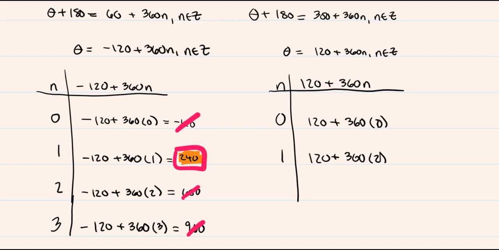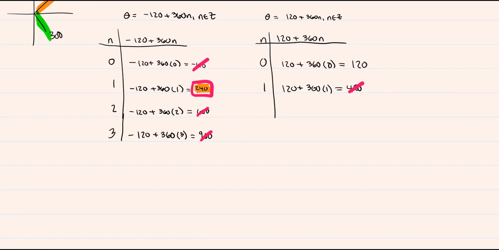I'm thinking ahead here. So we know the first one, 120 plus 360 times 0, so 360 times 0 is gone, we just have 120. So that's definitely within the 0 to 360 range. And then if I have 120 plus 360 times 1, that's going to give us 480, and that's too big. Thanks for playing, you gone. So we only have to do our table this far on this one.